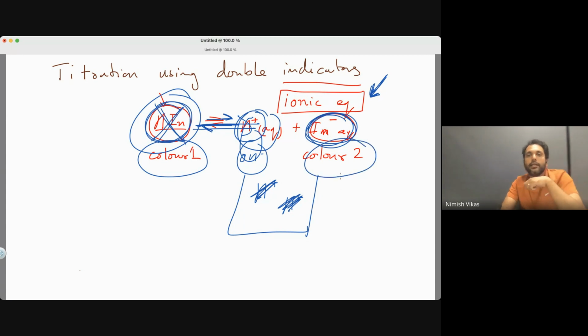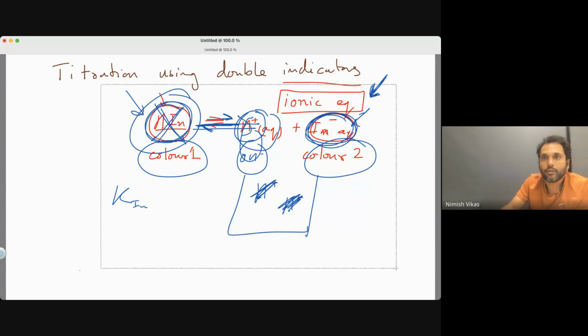So you will understand that the solution was basic. That's a rough idea. There is a very precise calculation on how much of each, using the K value of the reaction, which you are going to do in the indicators chapter. In the ionic equilibrium chapters, I'm not going to delve into that much.